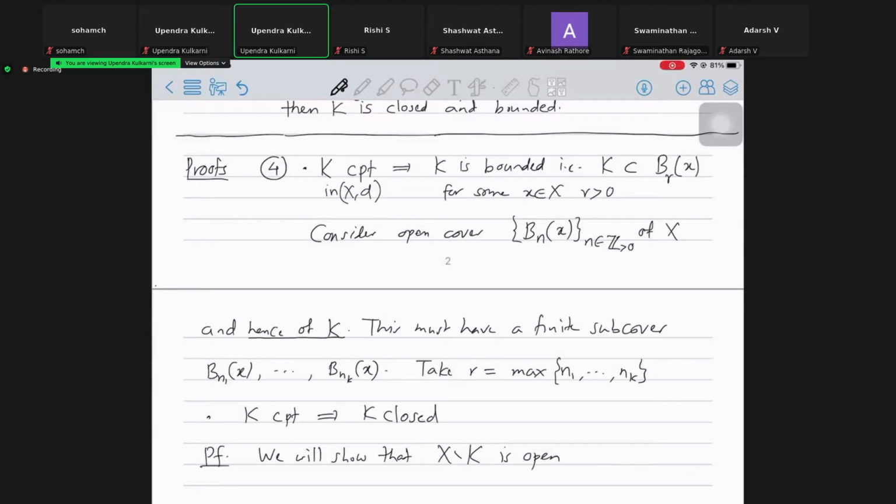Now, how do I show that a set is open? Remember this picture of open sets. Open set means that around any point in that set, I should be able to put a small ball centered at that point, which is totally contained in the set that I'm trying to show to be open. So this is what we are going to try to do.